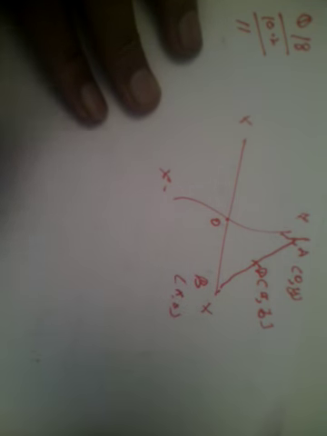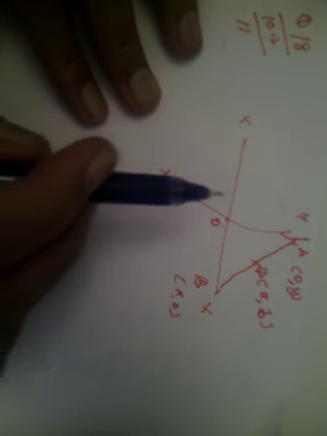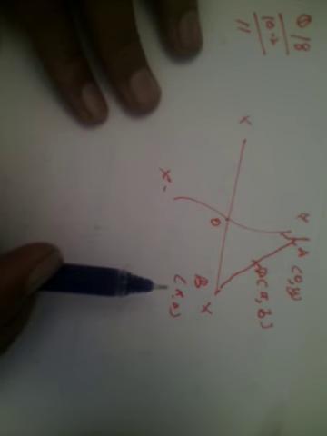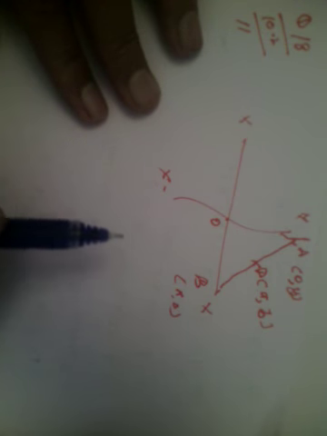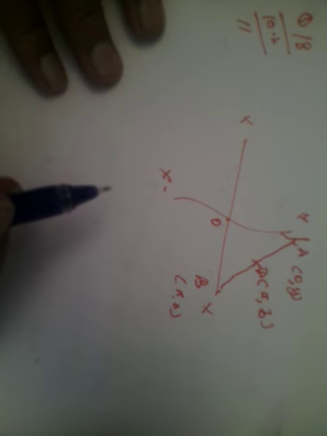So we will equate both the coordinates and then we will find out the values of x and y, so that we can find the coordinates of A and B by calculating x and y.